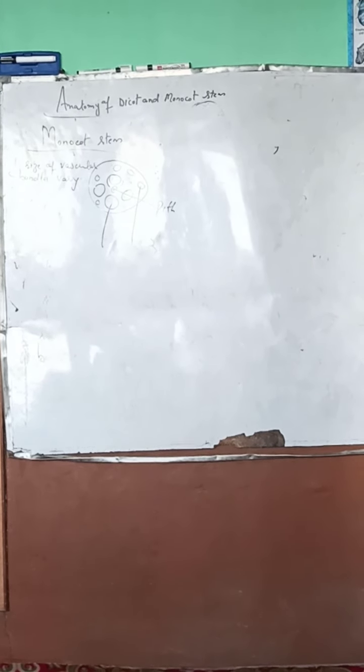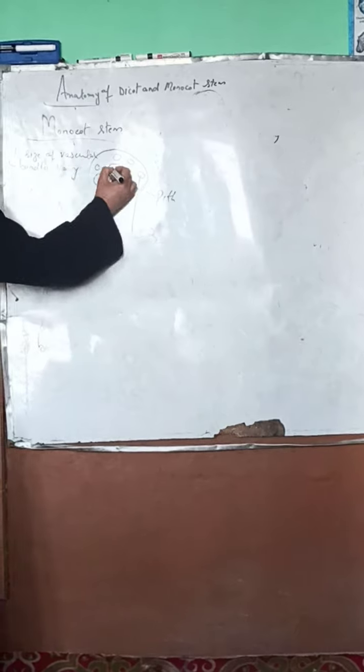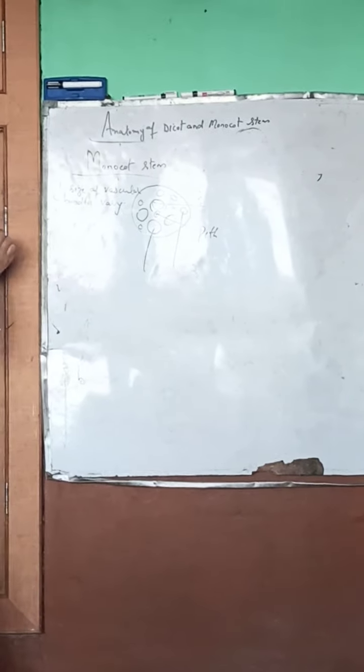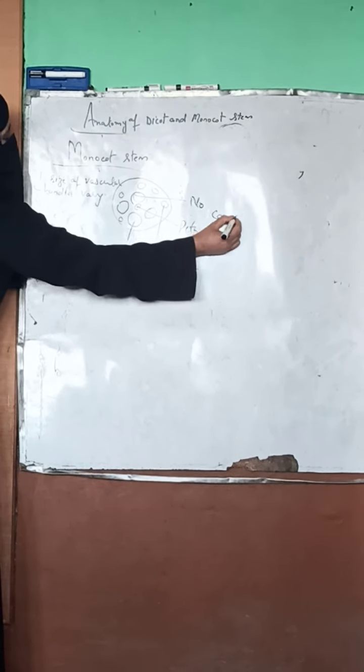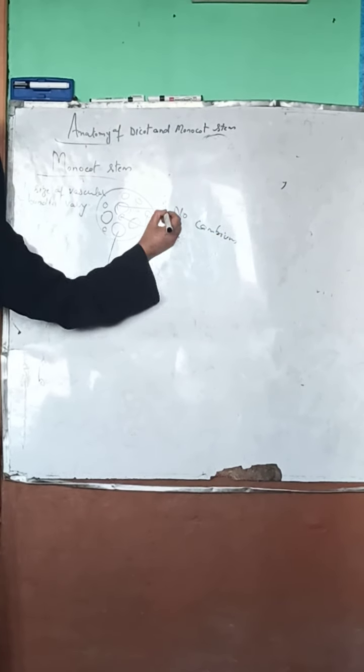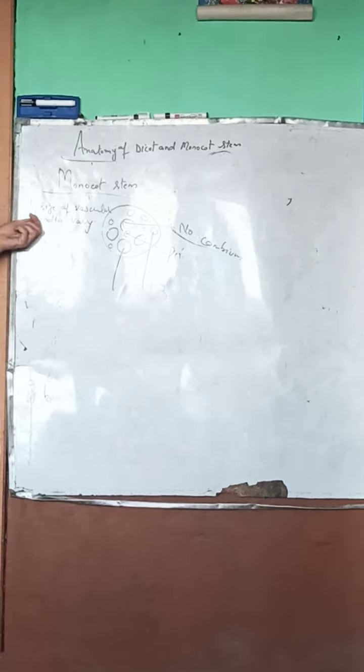These are closed type vascular bundles because they do not have cambium. So we can write here: no cambium in case of the monocot stem.